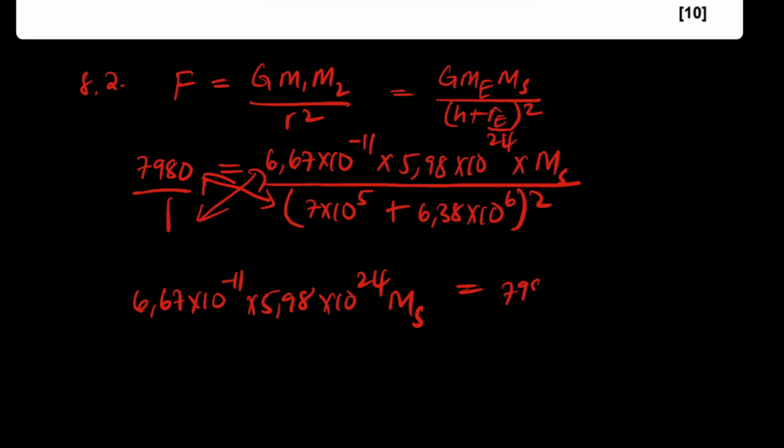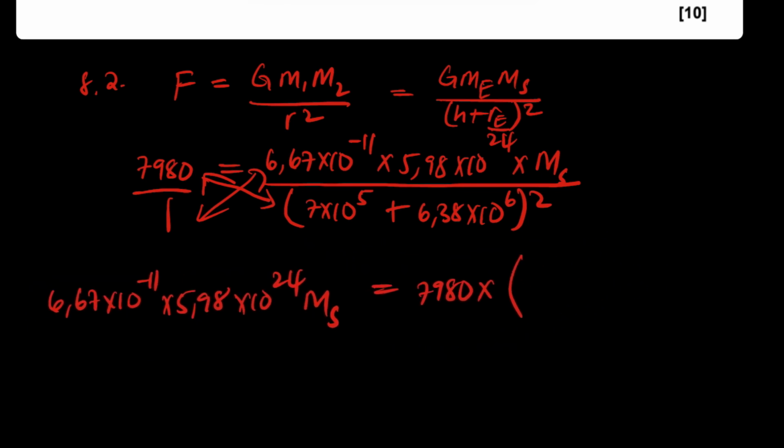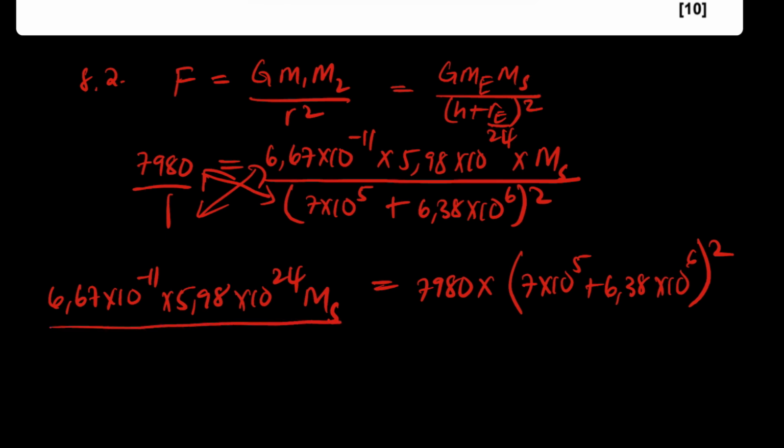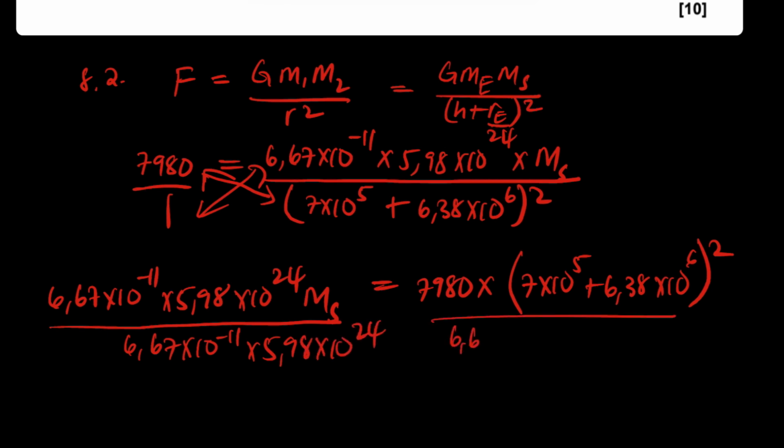It's going to be 7,980 multiplied by open bracket, 7 times 10 to the power 5 plus 6.38 times 10 to the power 6. Don't forget to square. And then what are we going to do? We're going to divide both sides by 6.67 times 10 to the power negative 11 times 5.98 times 10 to the power 24, the same thing on both sides.